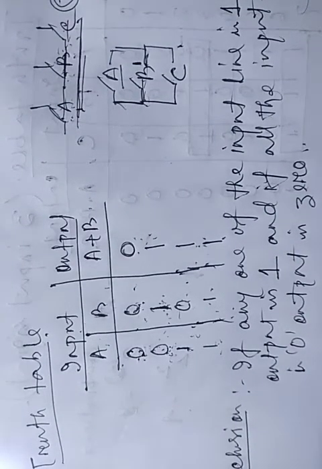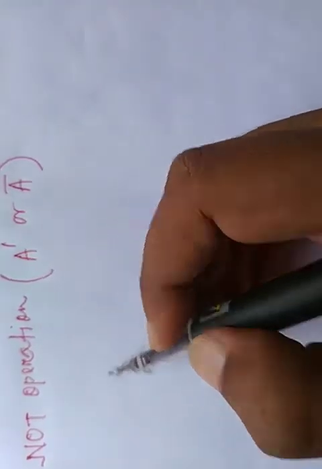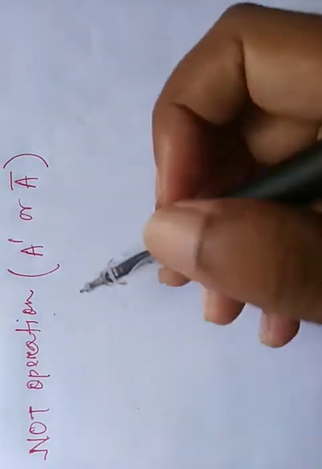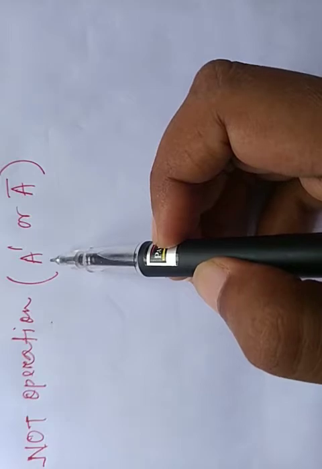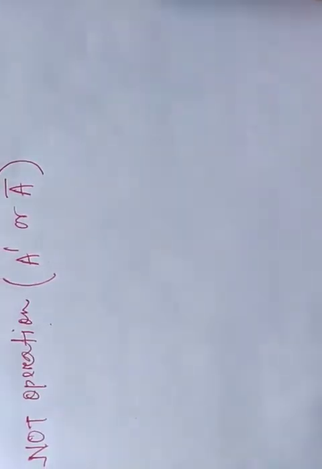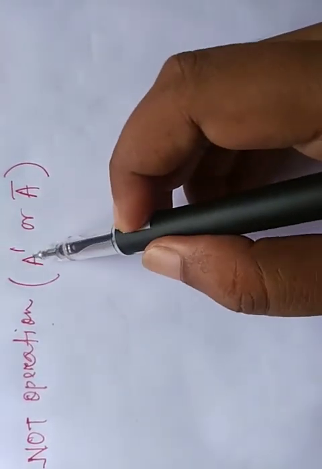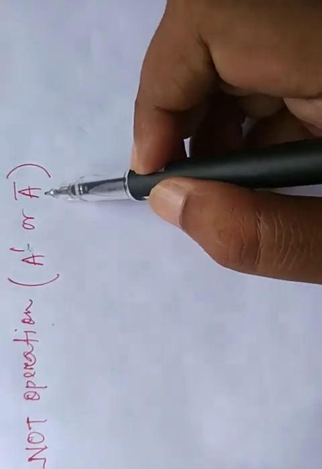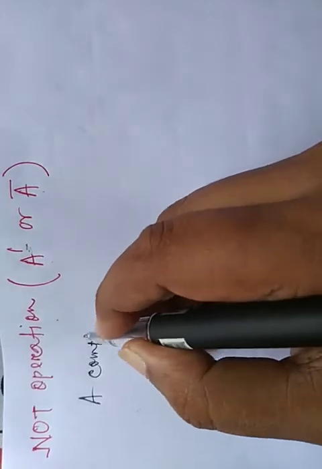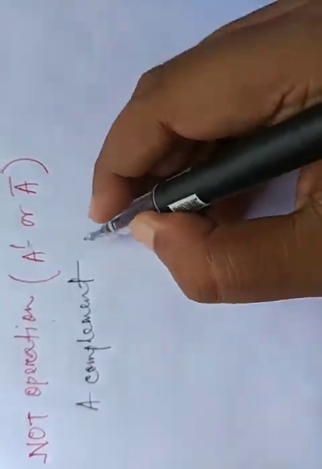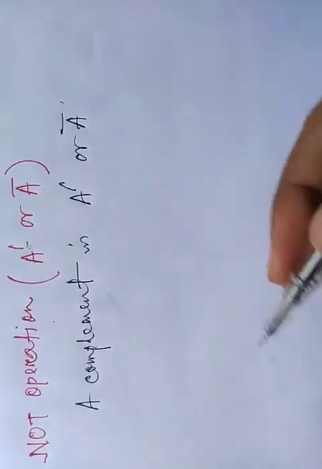Okay, now let us do our NOT operation. NOT operation is a unary operator. For a unary operator, one logic variable is used, either A, B, X, Y, Z, anything, and it is denoted by either A bar, A dash or A complement.